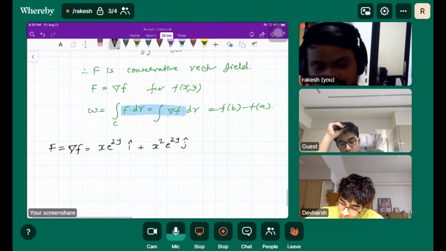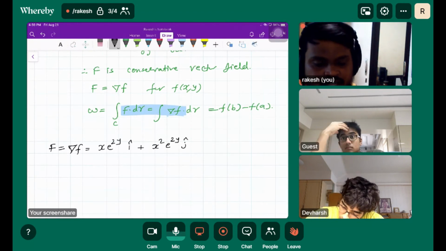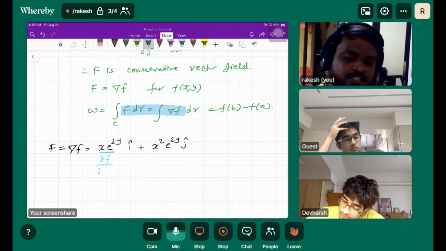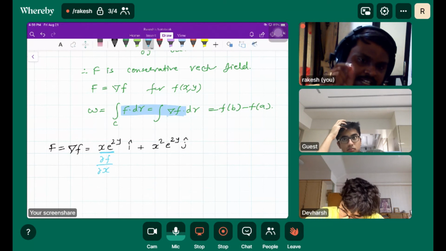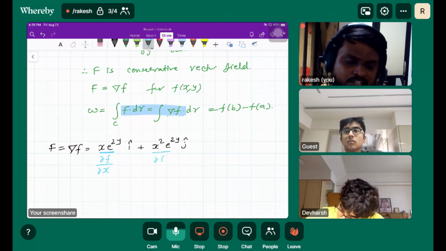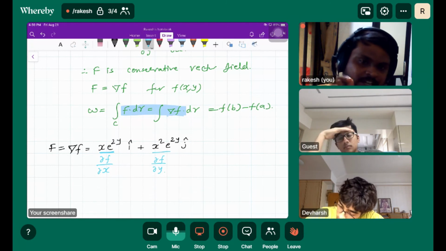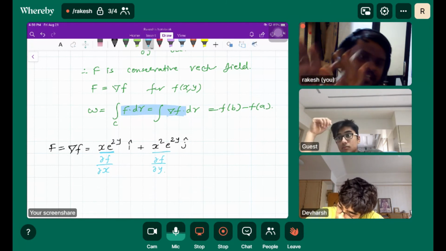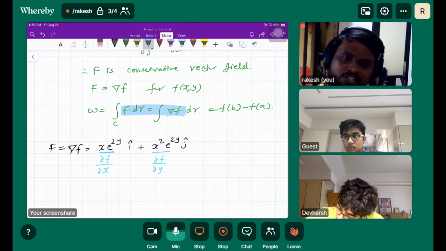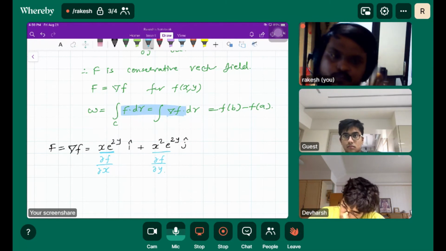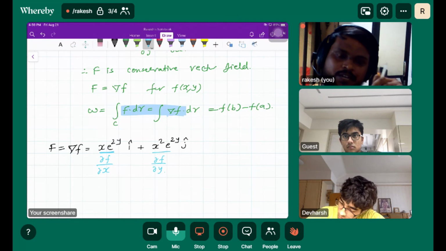Now if we have this, then P is the partial derivative of the function with respect to x, and Q is the partial derivative of f with respect to y.